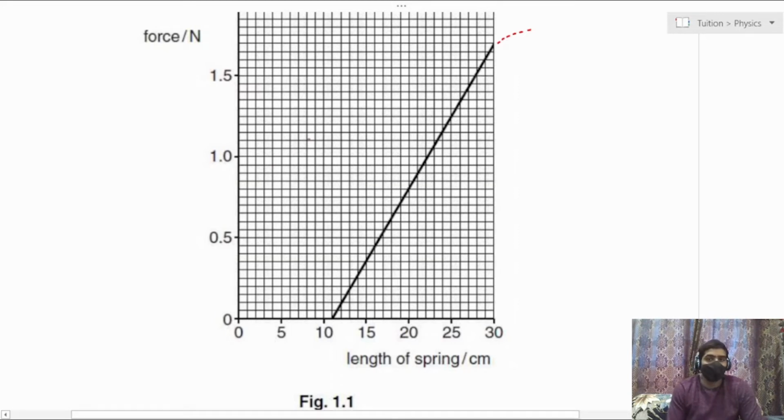In the previous question, if you remember, they had given us the extension on the y-axis, and in that case the graph would have bent towards the y-axis.